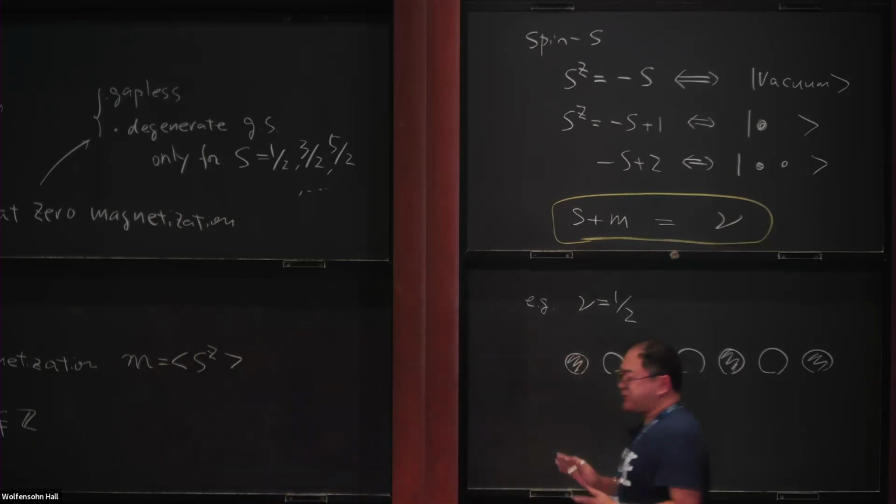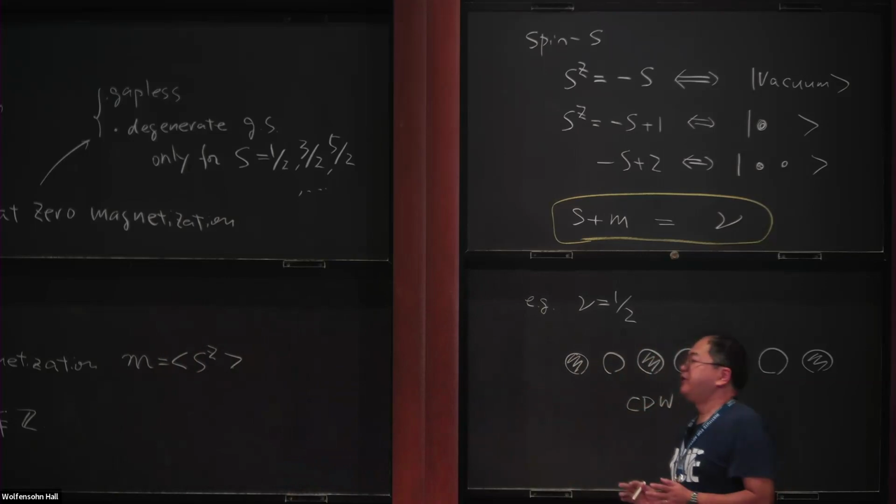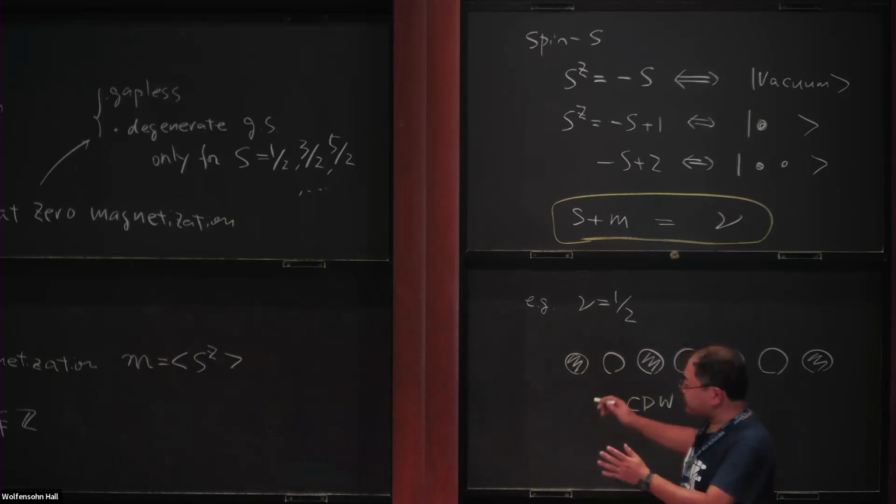Of course, that's not the end of the story, because as you know, this Haldane gap phase for spin one, actually odd integer spins, turned out to be a symmetry protected topological phase later. That's also a very interesting subject, but I'm not going to discuss the SPT phase in this lecture.